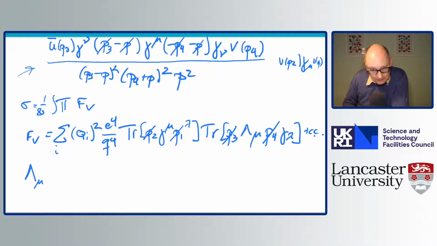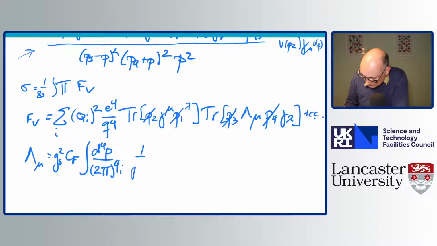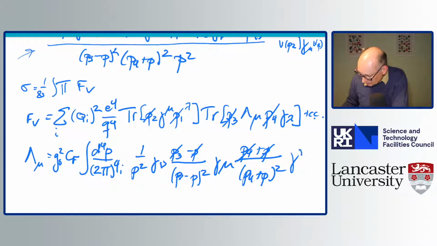So that will be gs squared cf, and then the phase space integral d4p of p squared gamma nu of p3 slash minus p slash, p3 minus p squared gamma mu, p4 slash plus p slash over p4 plus p squared gamma nu.